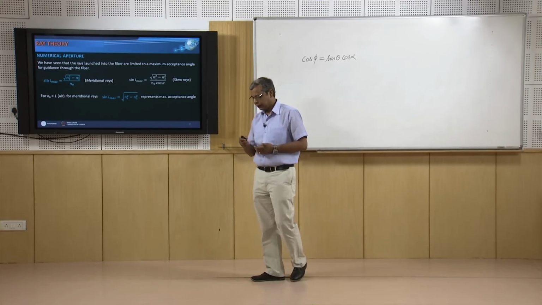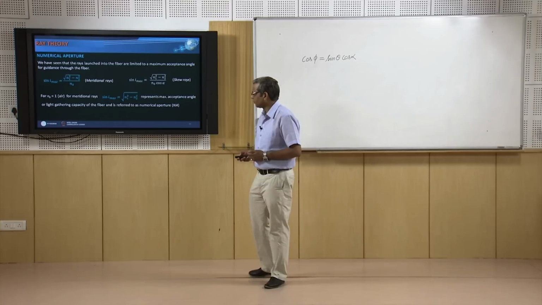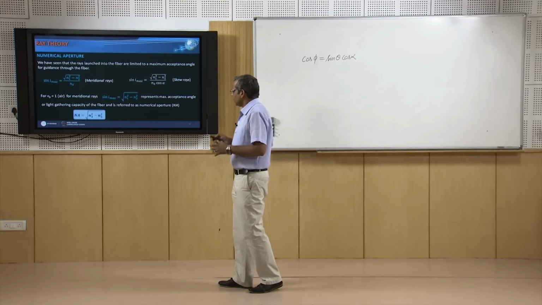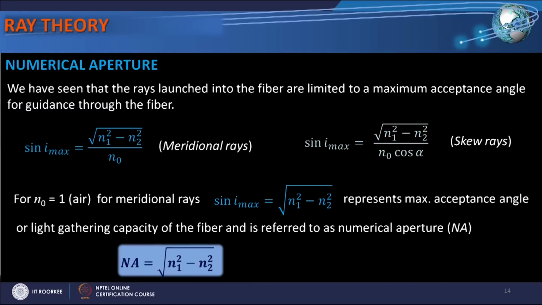It is known as numerical aperture of the fiber. So, numerical aperture, or in short NA, is square root of n1 square minus n2 square, and it purely depends upon the refractive indices of the core and the cladding.